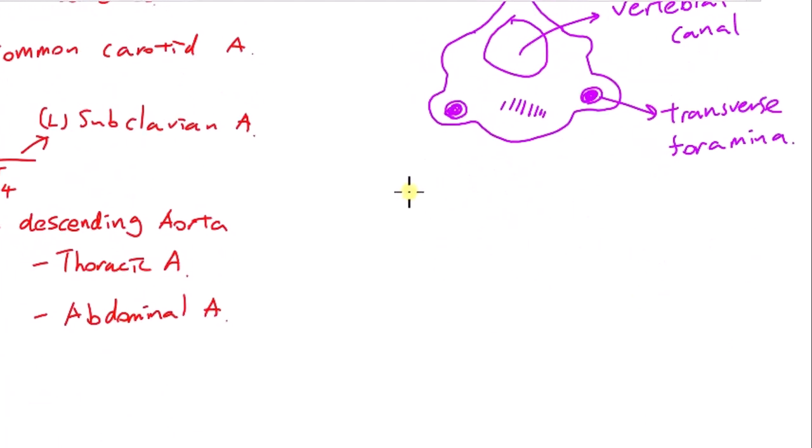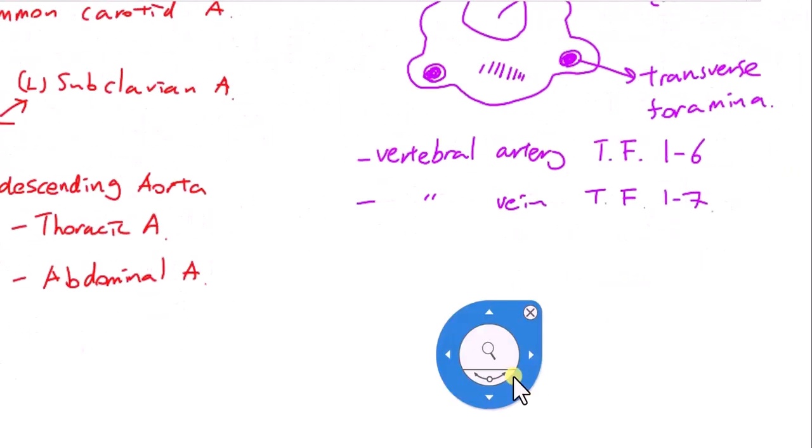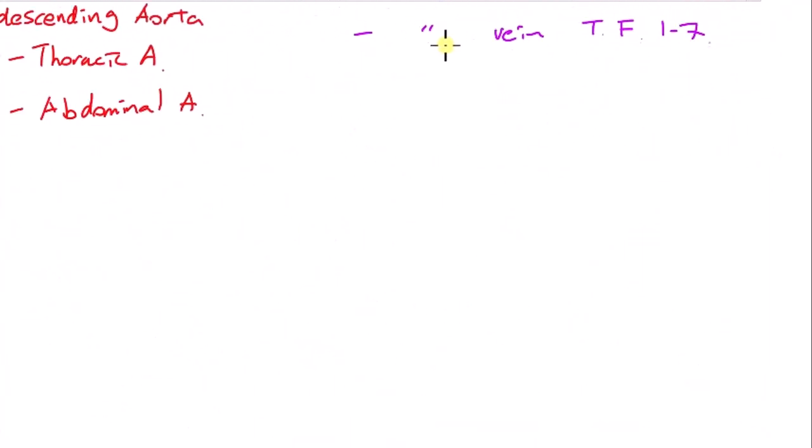Now the interesting thing about the vertebral artery versus the vertebral vein is that the vertebral vein goes through all the transverse foramina from 1 to 7, but the vertebral artery goes from 1 to 6. The vertebral artery rises through the transverse foramina and reaches the base of the skull.